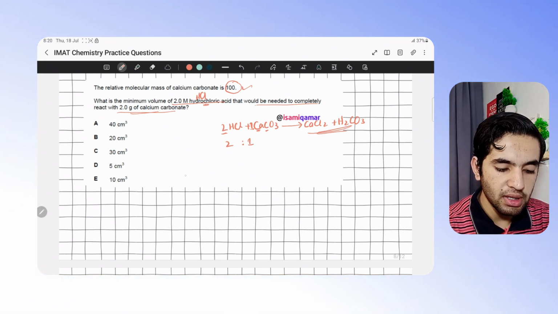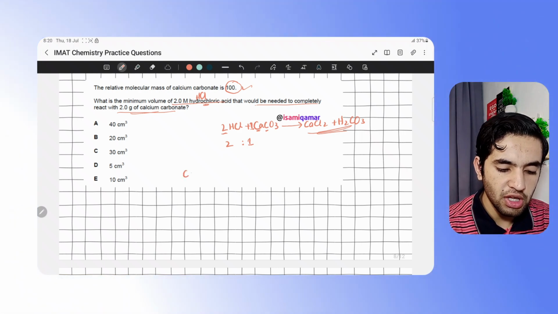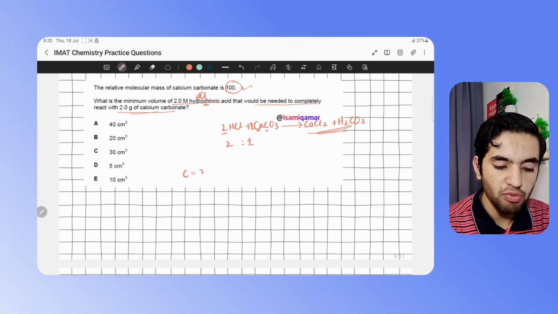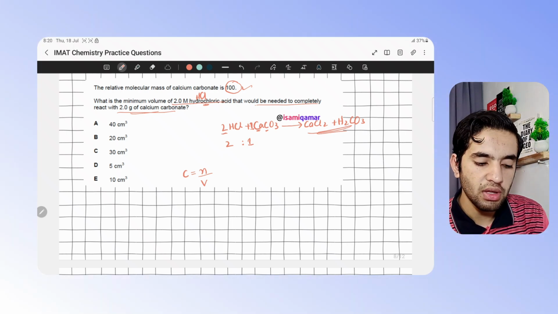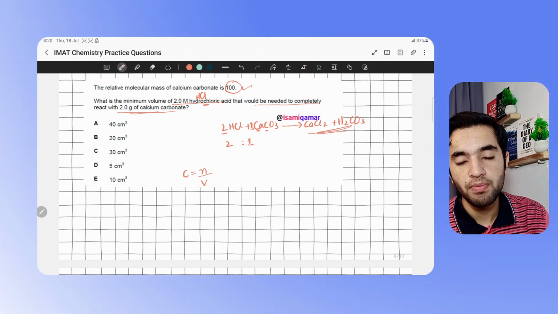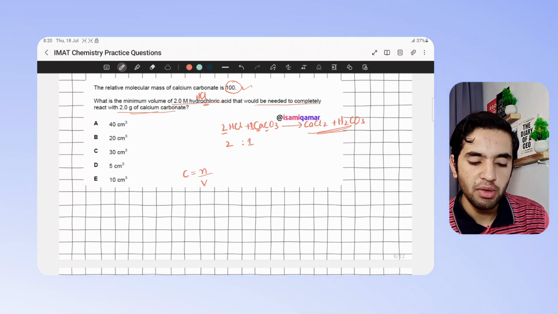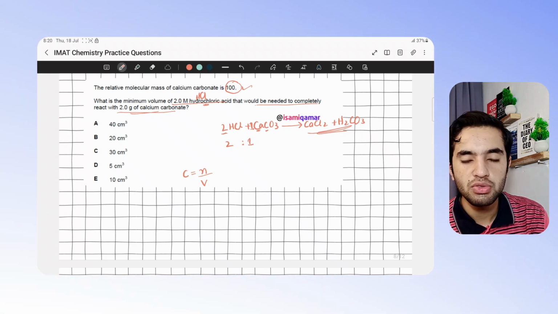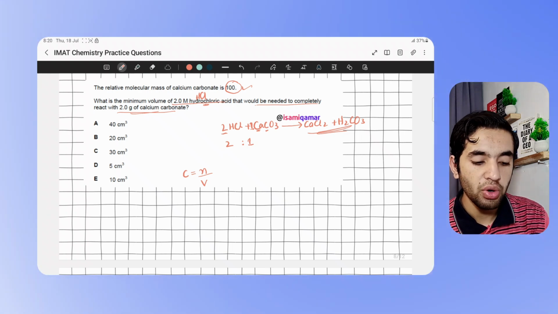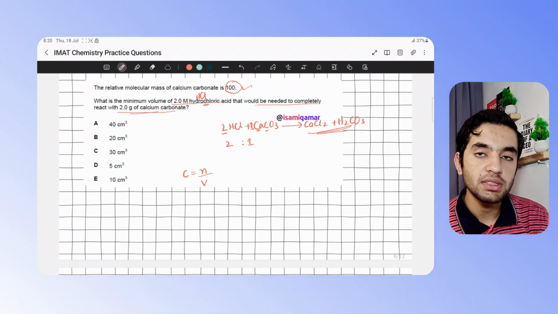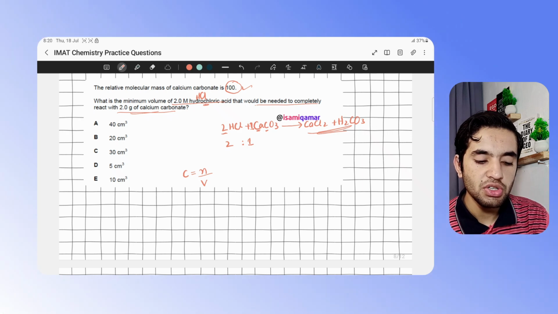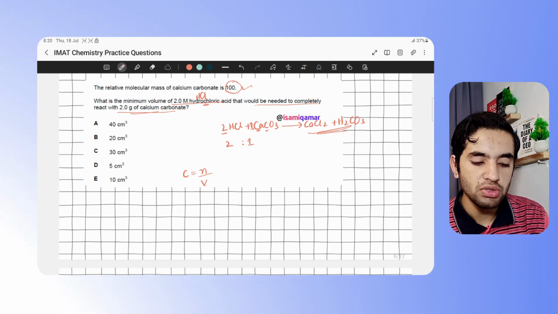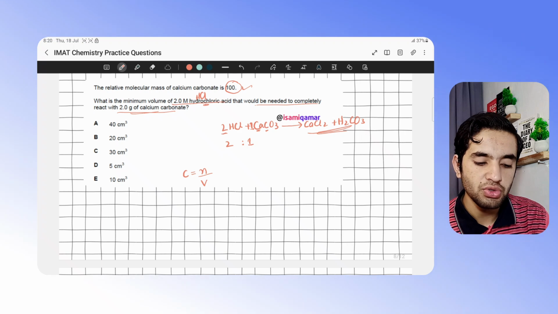The molarity or concentration is equal to the number of moles of solute divided by volume of solution. This is the easiest formula for finding molarity. If you haven't studied the solutions chapter, then I would highly suggest go and study molarity and molality and some basic concepts about solutions. So C is equal to N divided by V. C is concentration, or molarity, is equal to number of moles of solute divided by volume of solution.